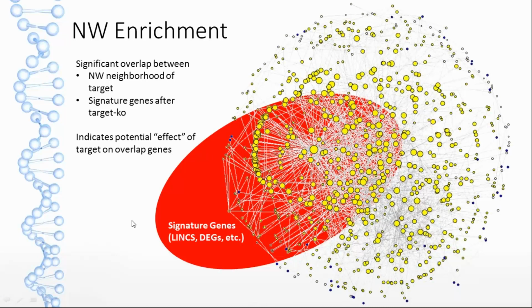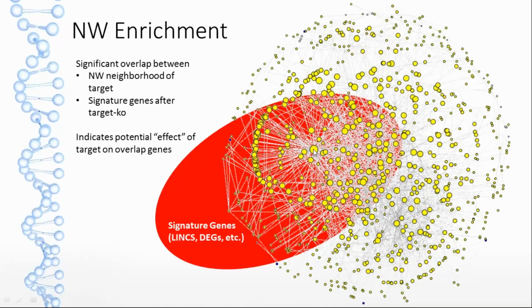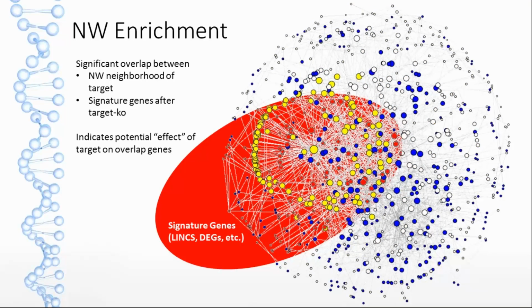In this sense, for example, LINCS is very useful because LINCS uses, as you well know, perturbation analysis. So we use a particular gene in the network with the corresponding gene that is knocked out in the LINCS data. That's some of the idea behind our analysis.